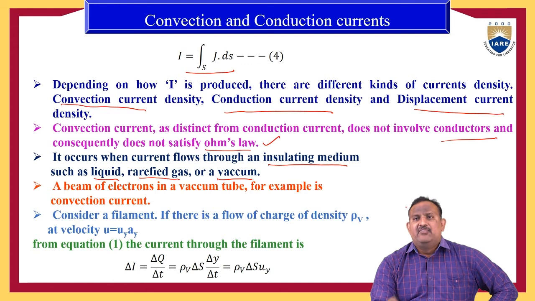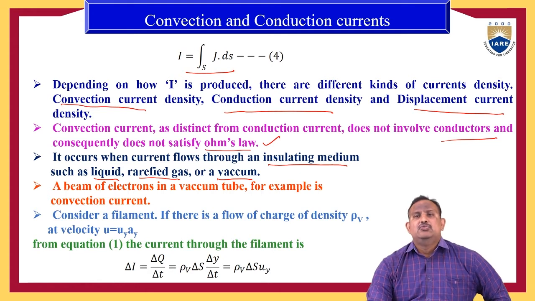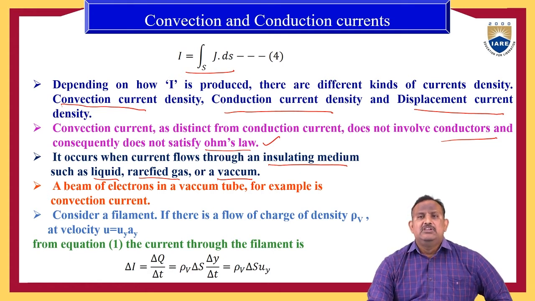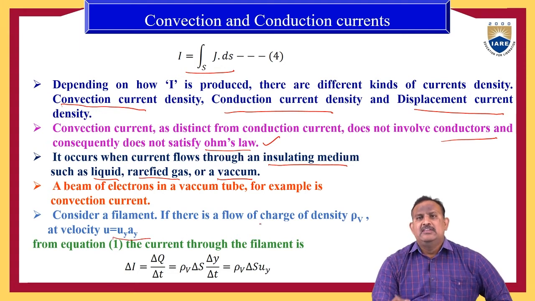Next, consider a filament, same as the previous circuit. Let us assume the filament has the volume charge density rho V at a velocity u equal to uy into ay. Because the current flows along the y-axis, we define the velocity in the y direction only.